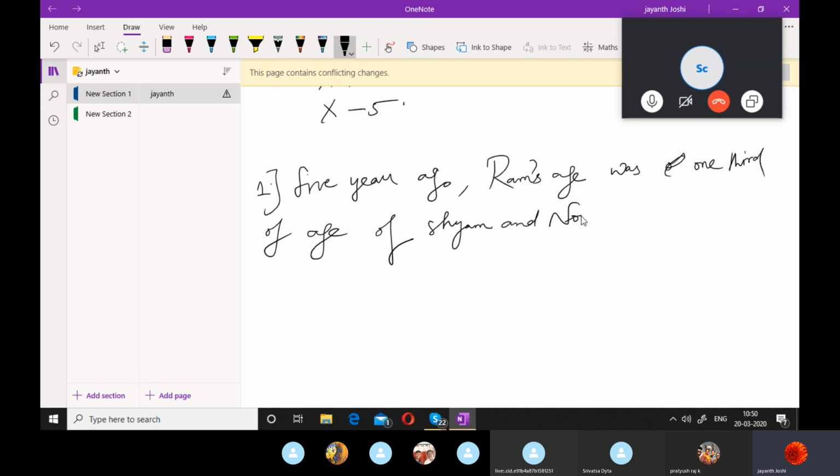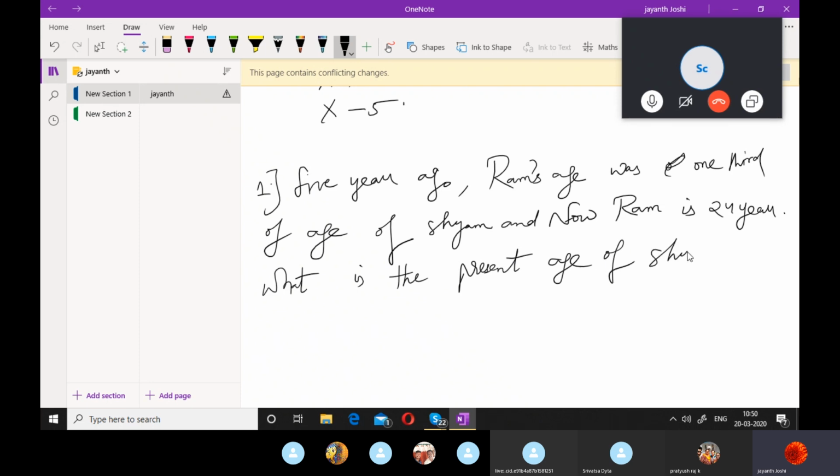And now Ram is 24 years. Full stop. What is the present age of Shyam?